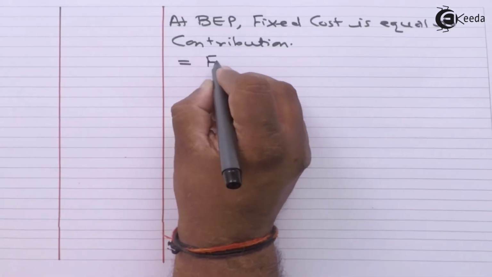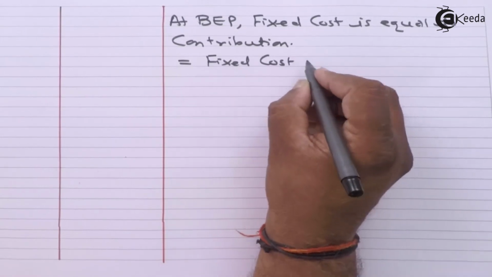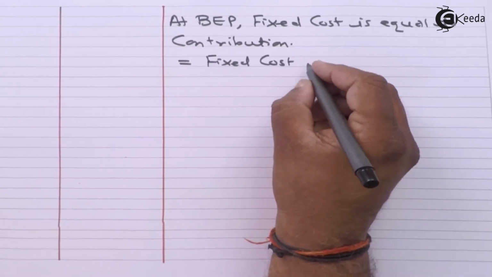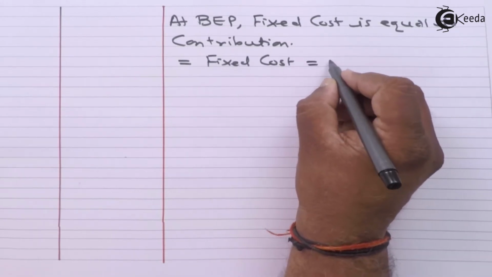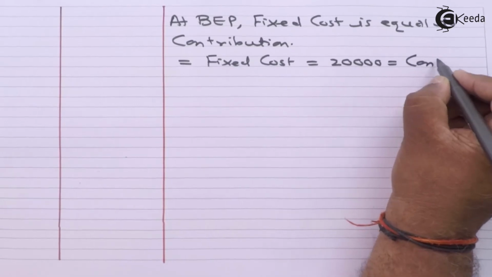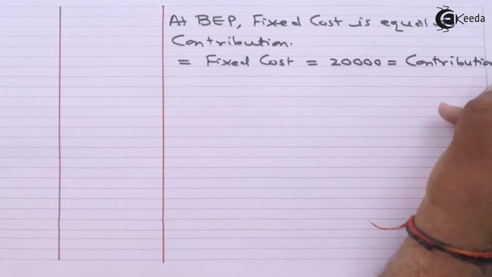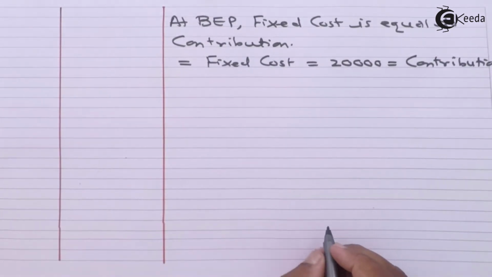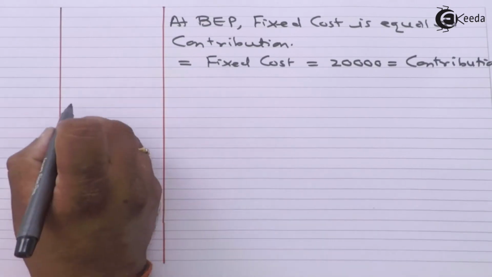So here fixed cost we are having rupees 20,000, that will be equal to amount of contribution.